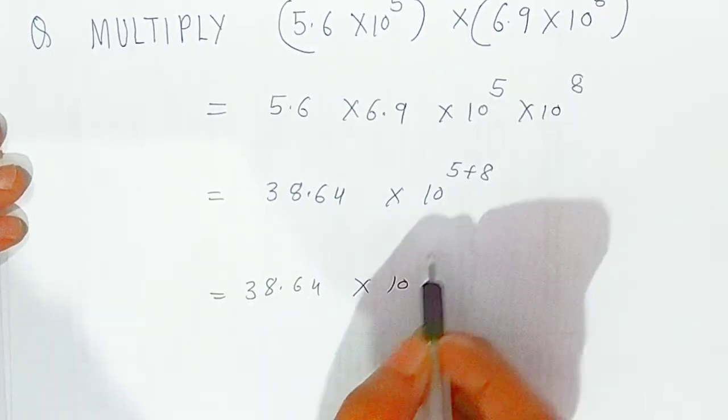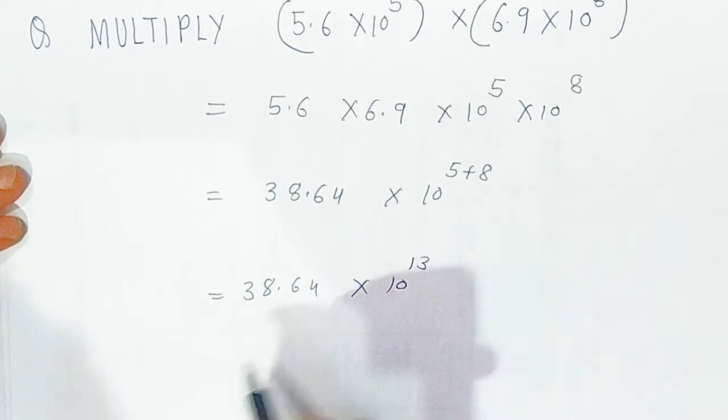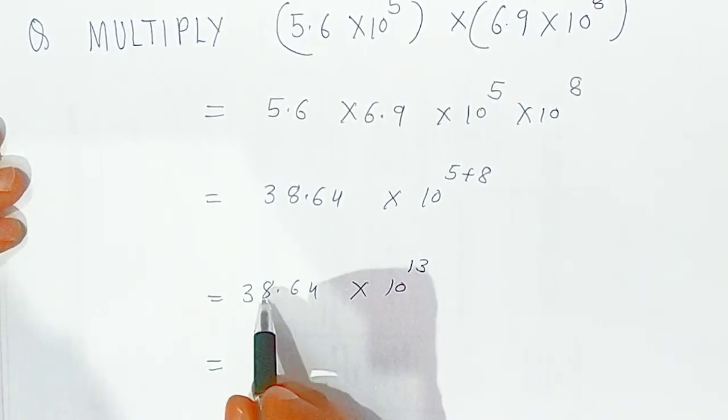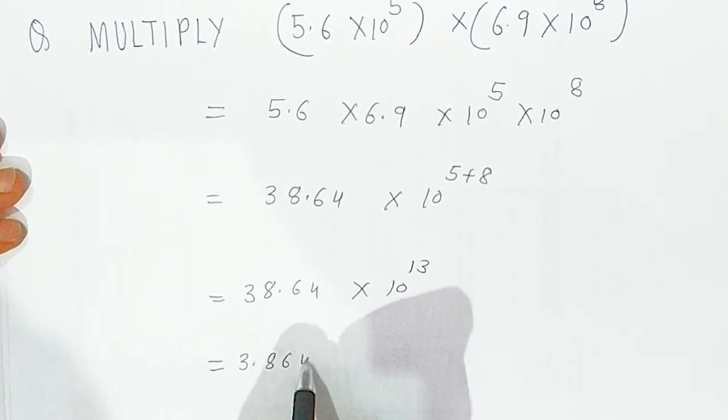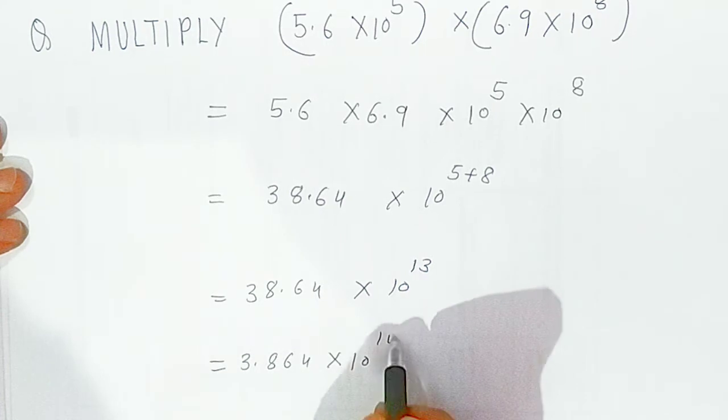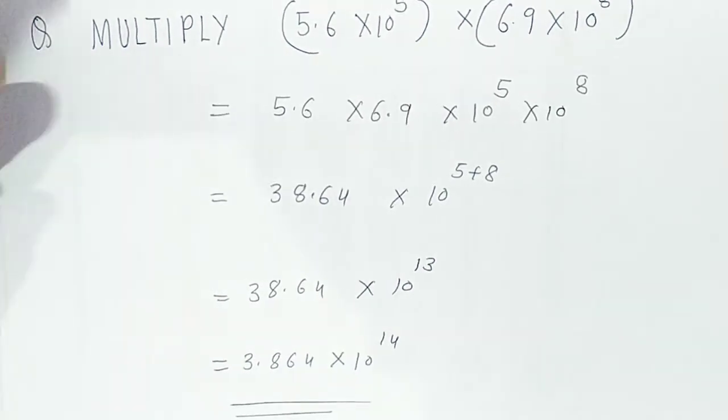It will become 10 to the 13. Now students, we always write before one digit, so 3.864, and here again you have to multiply with 10, so 10 to the 14. So this is the answer we are getting.